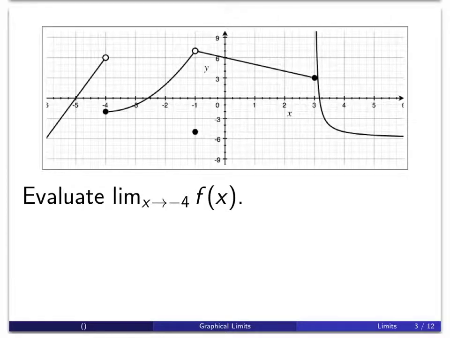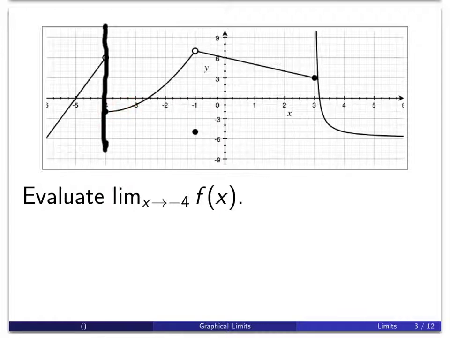For my next one, we're going to look at x approaching -4 again, but this time we don't have a plus or a minus sign up there, which means that we're going to have to consider it from both directions. Now, limits, we don't care what happens exactly at that point. So I'm not going to worry about what's happening there at -4, but I want to approach from both sides. So on the left, we already discovered that the y values are getting close to 6, and on the right, the y values are really close to -2.